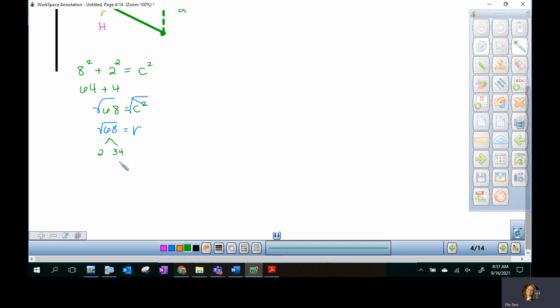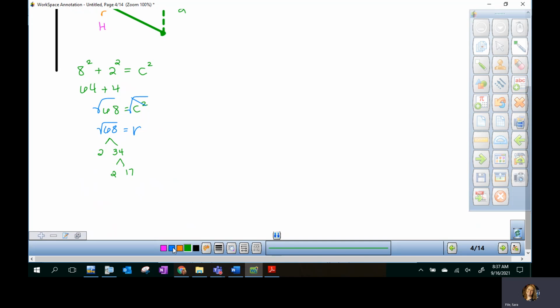Okay, 2's prime. 34 I can break down. Definitely 2 again, still an even number, right? 17. Now, can 17 break down or is it prime? That one's prime. That means you can only multiply 1 and itself to get the number.